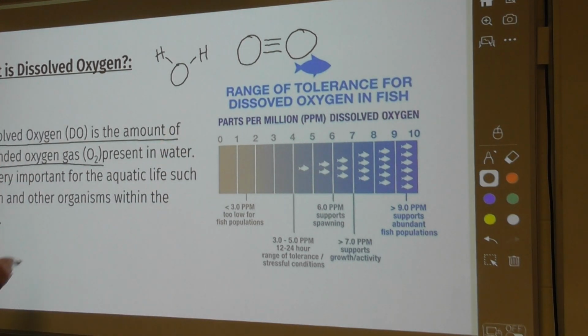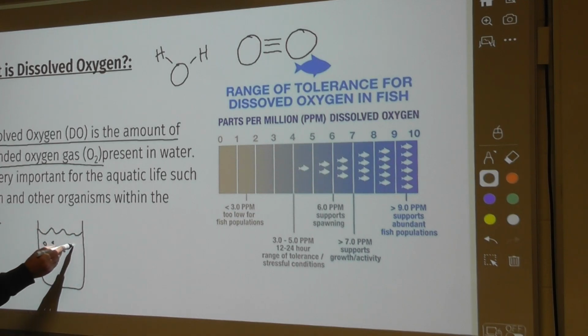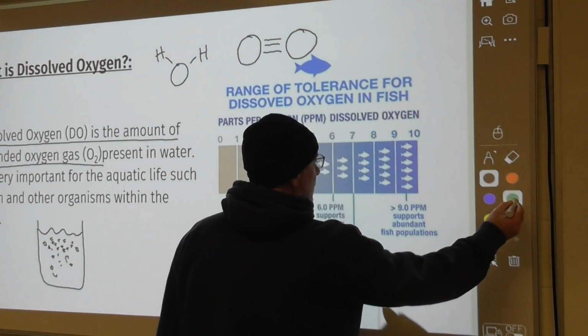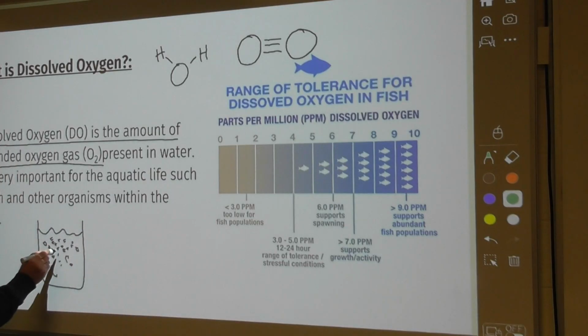So if we were to take a glass of water and look at what's inside that glass of water, what we'd see is there would be some pieces of water. Mostly what's in there is water. But in addition to all the water that's in there, we would find there are little tiny trapped chunks of oxygen gas, just mixed in.